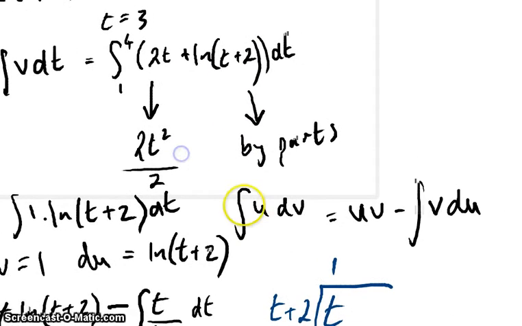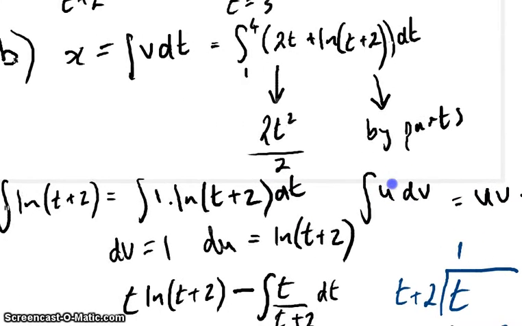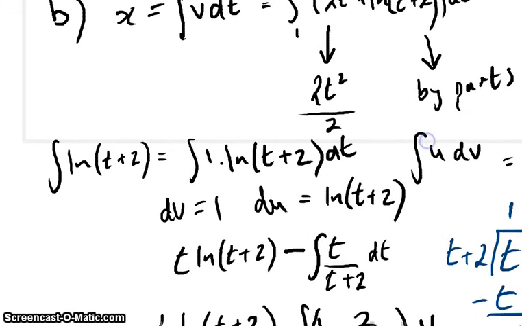So, just as a reminder, integral by parts, integral of u dv is equal to uv minus integral of v du. Okay, I'm sure you already know that off by heart, and will never ever forget it. So the integral is the integral of log of t plus 2 is the one that we're doing, and if we split it, we can split it into 1 multiplied by log of t plus 2 with respect to t.